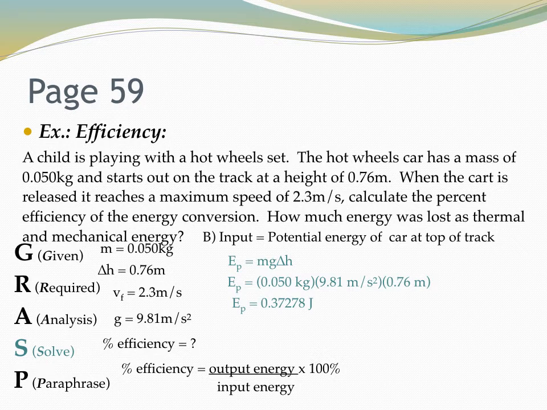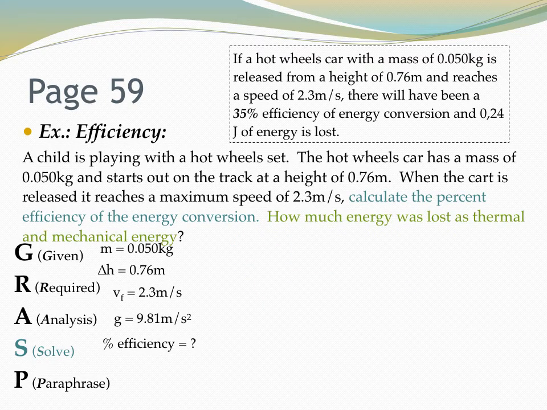So next step, we just did B. Now let's look at the questions here. Calculate the percent efficiency of the energy conversion, and then say how much energy was lost as thermal and mechanical energy. Let's start with that first part. We have our equation, and we just plug it in again.